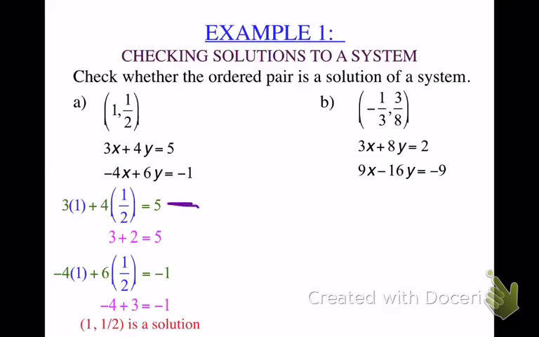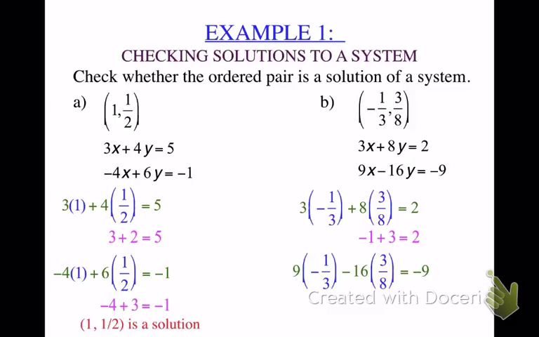Since it makes the first one true and it makes the second one true, then we know that it's a solution. Okay, I want you to go ahead and do B. You can stop the video and then come back if you want to do that. Makes both of these true, so now we know that that is a solution as well.